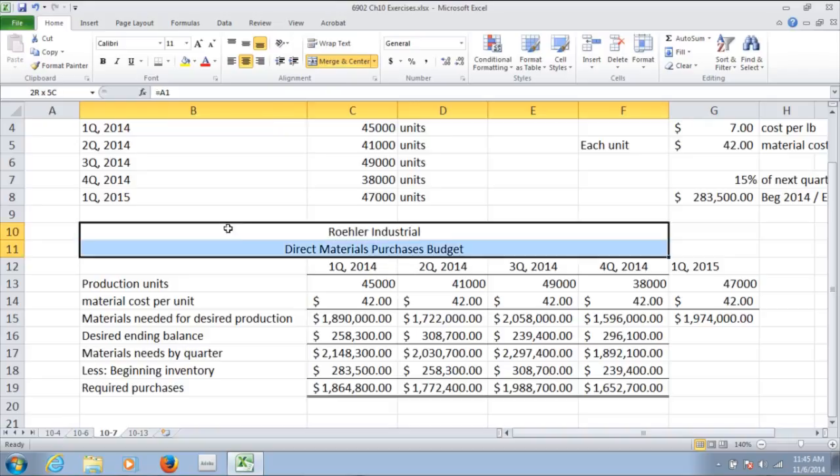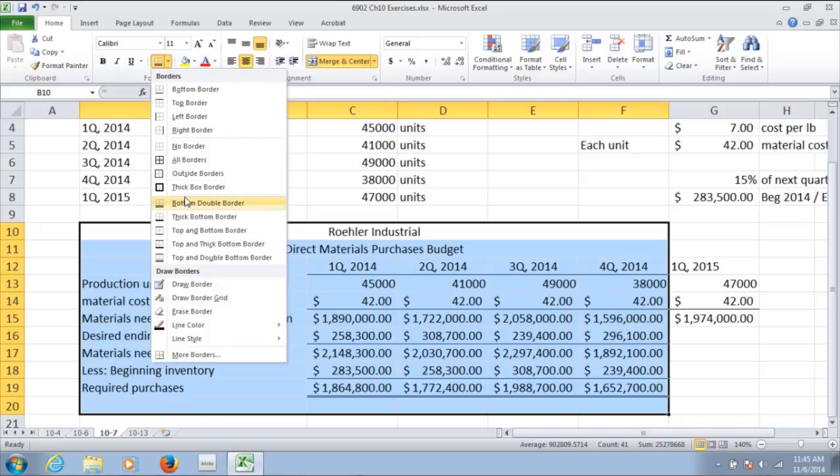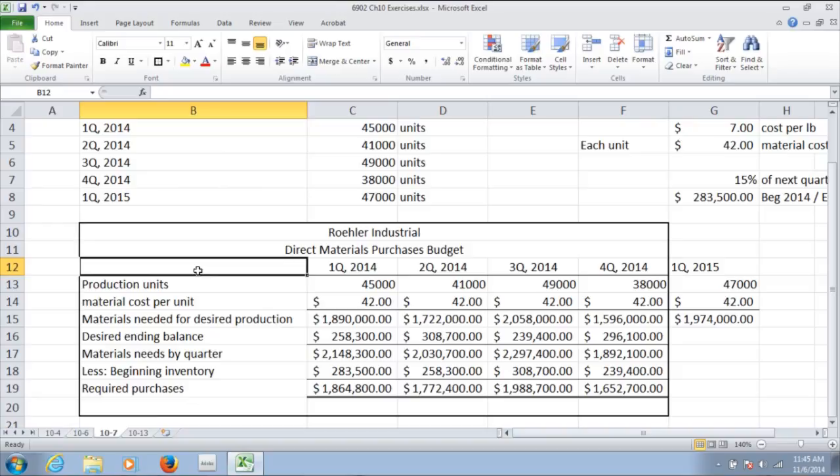So ultimately, the main takeaway here is that in the purchases budget, we necessarily consider the case of collecting the data not only by the units, but also the dollar amount.